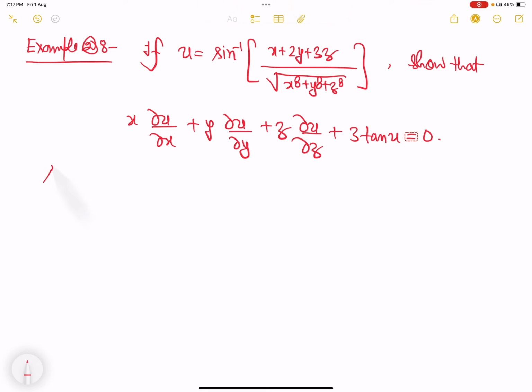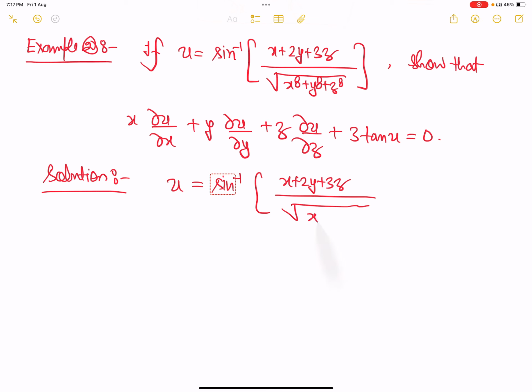Solution. So u is equal to sine inverse of (x plus 2y plus 3z) upon (x to the power 8 plus y to the power 8 plus z to the power 8).